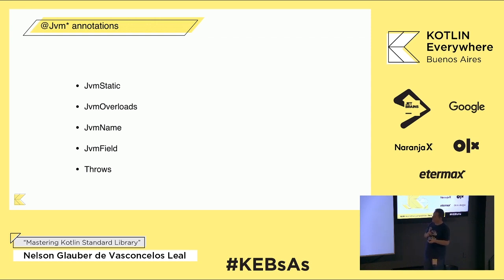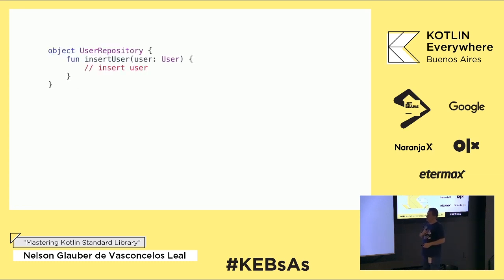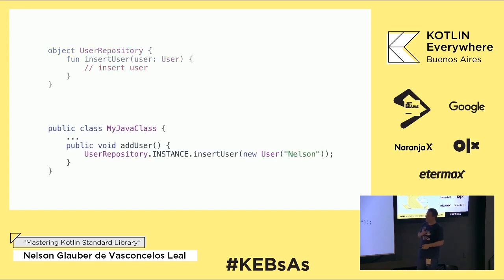Another topic is related to integration of your Kotlin code with Java code, okay? So let's talk about these annotations. Imagine that you are defining this user repository object, which is not available in Java, okay? And you want to access this code in Java. So you get UserRepository.instance.insertUser. This is kind of weird, instance.